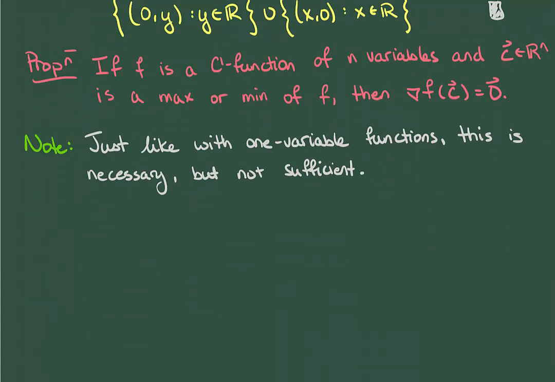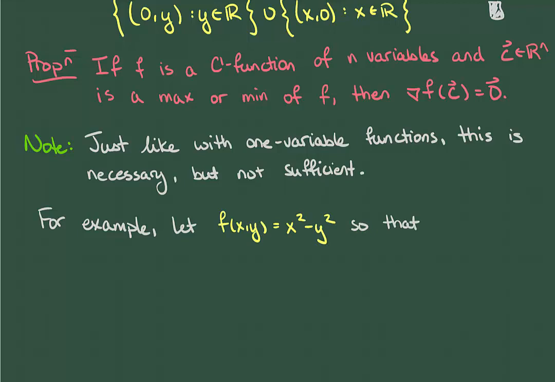The example we used before was the function x cubed, which we know has a critical point at x equals 0, but is neither a maximum nor a minimum there. The example I'll use to demonstrate this in multiple dimensions is particularly interesting. Let's look at the function x squared minus y squared.